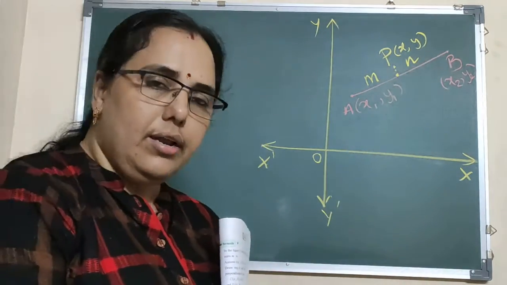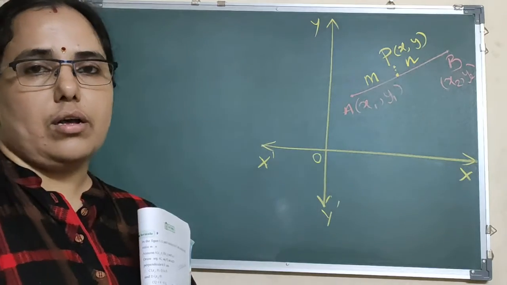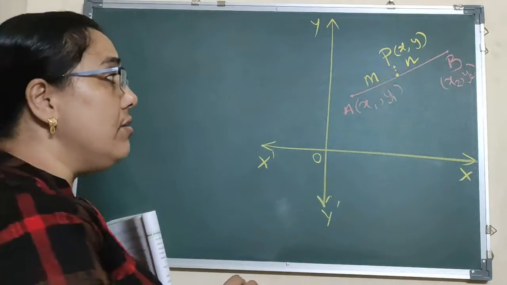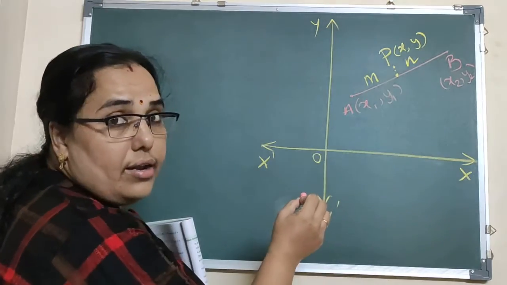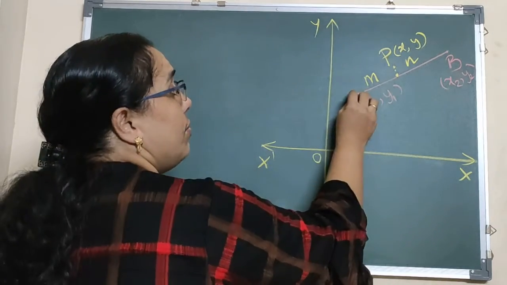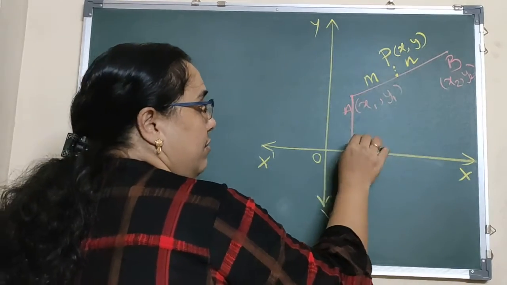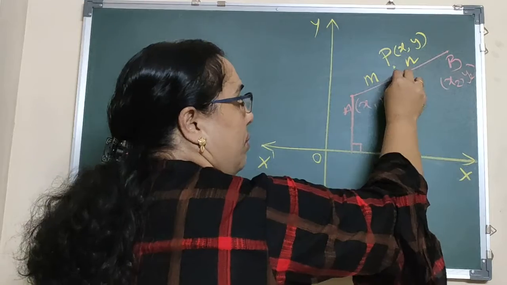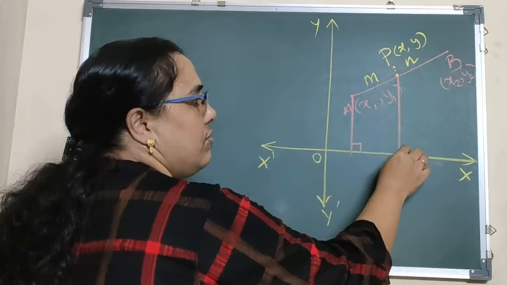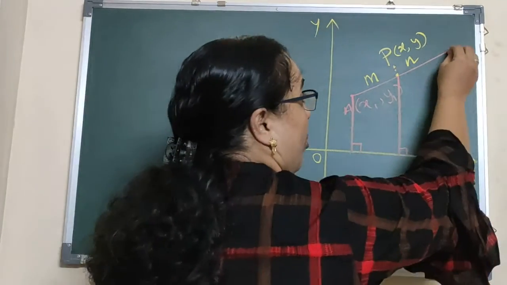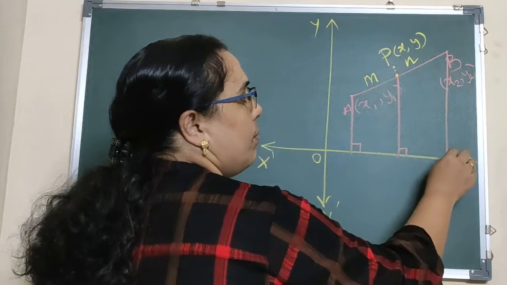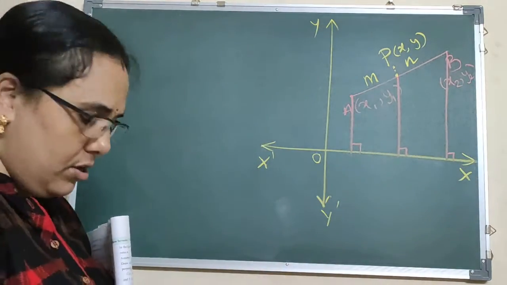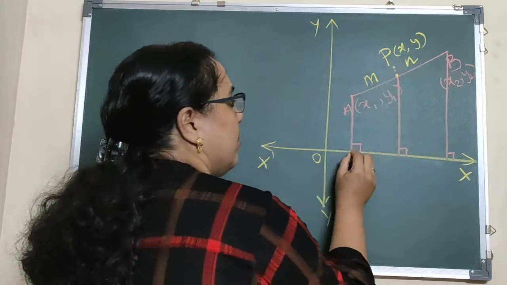Keeping this in mind, we go further. I draw perpendiculars from A towards the x-axis. From point P also I draw a perpendicular towards the x-axis. From point B also I draw a perpendicular towards the x-axis. So what is the coordinate of this point?